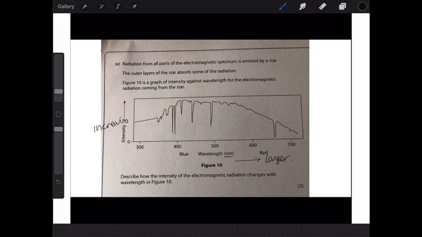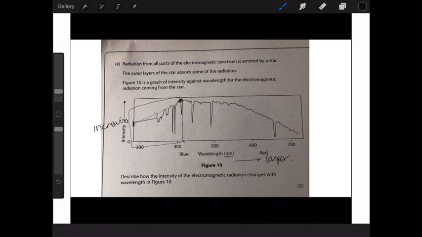So the first thing I'm going to do is look at the general pattern, because it is general. I can't say anything exact and specific when I'm talking about the pattern here. But between the start of this graph and this point here, as the wavelength increases in length, the intensity appears to be increasing.